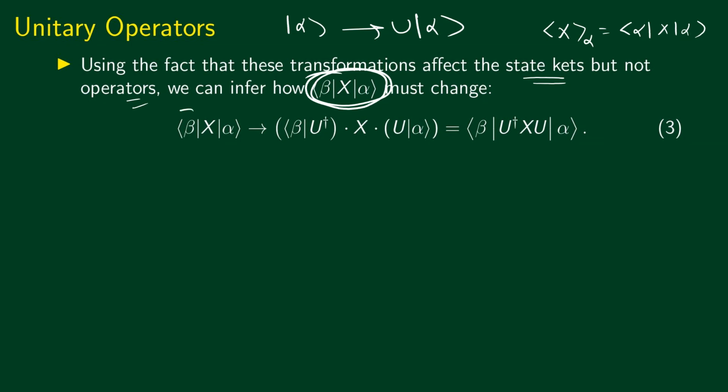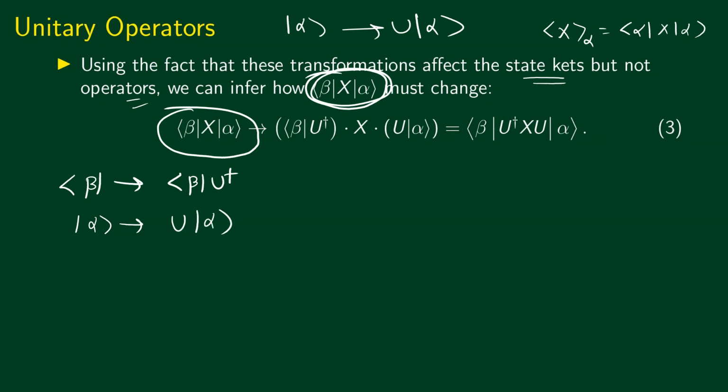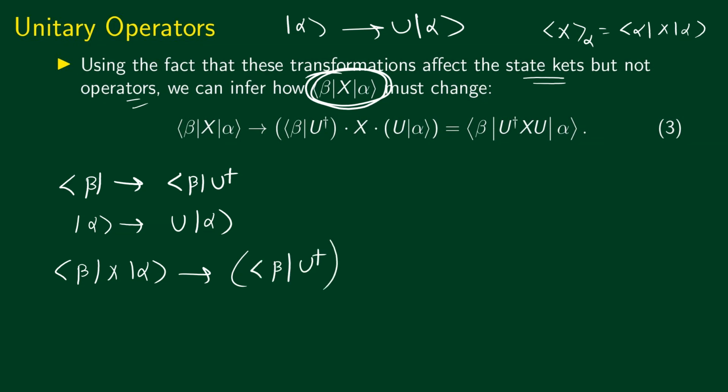Let's look at it. We are looking at bra beta X ket alpha. We already saw that bra beta goes to bra beta U dagger under a unitary transformation U. And ket alpha goes to U acting on ket alpha, and there's no change to the operator. So we see that bra beta X ket alpha goes to, we'll write this as, bra beta U dagger, because bra beta goes to bra beta U dagger, multiplied by operator X, multiplied by U acting on ket alpha.